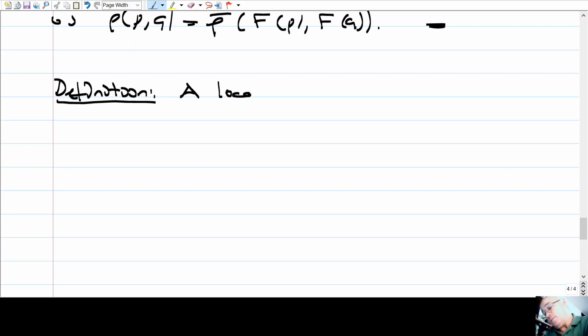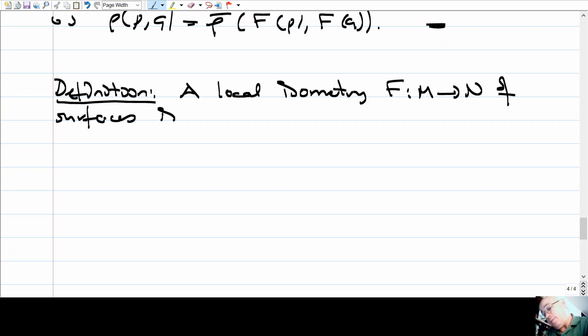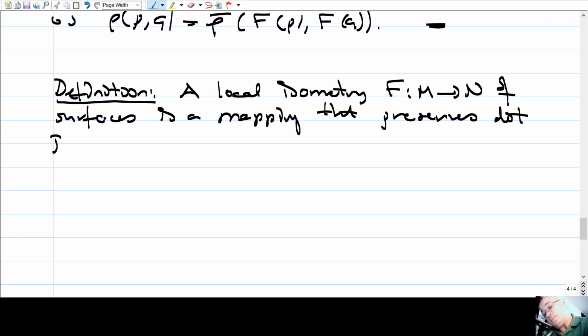A local isometry F from M to N of surfaces is a mapping, so it doesn't have to be one-to-one or onto, that preserves dot products of tangent vectors.